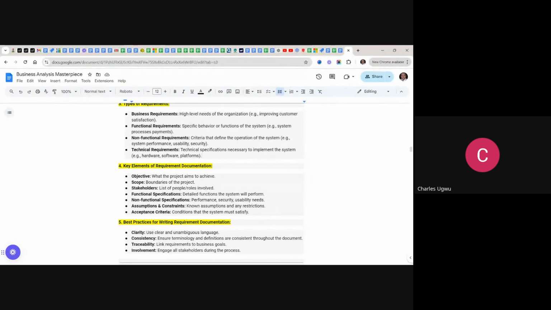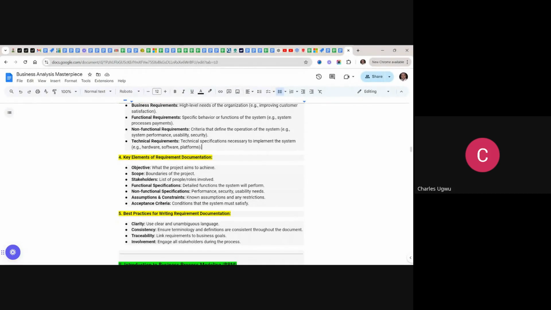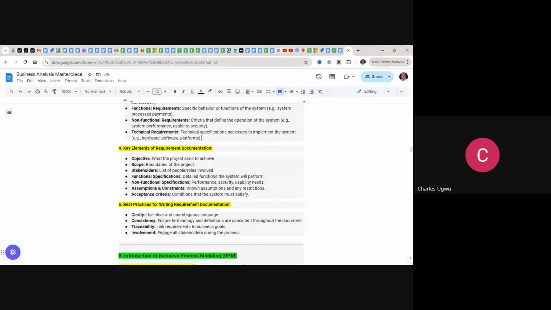One piece of document that can represent all this is the project charter. If you've seen a project charter, it contains all these we see here. We can use a project charter to capture the requirement very well.